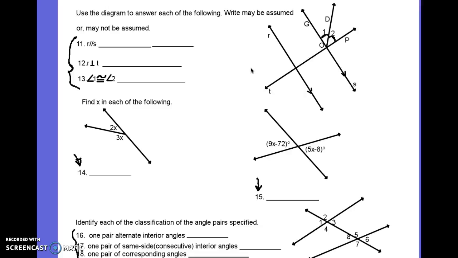This will be a practice test for you whenever we come back. We come back Monday, you might be having it the Tuesday, but you will have it the second day after we come back, not that very day.